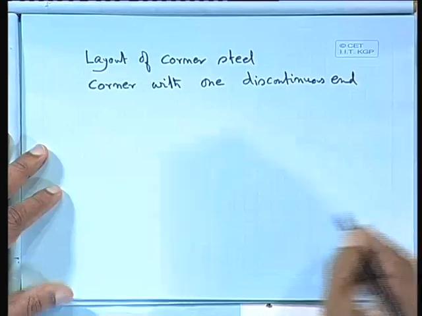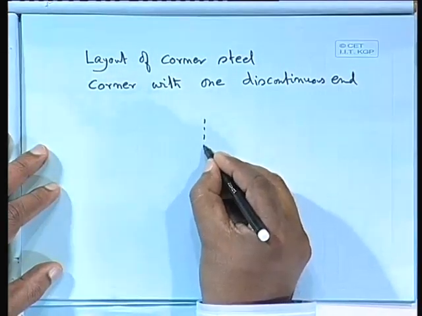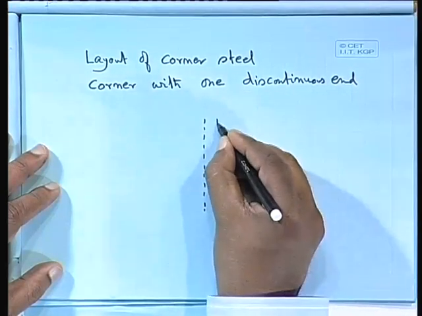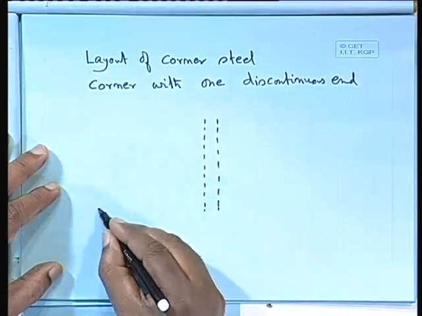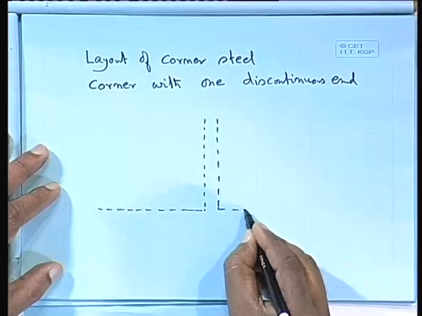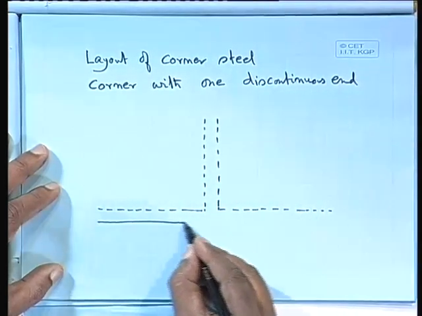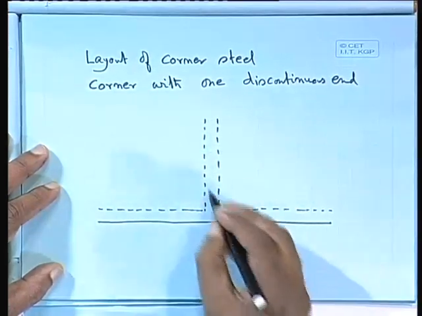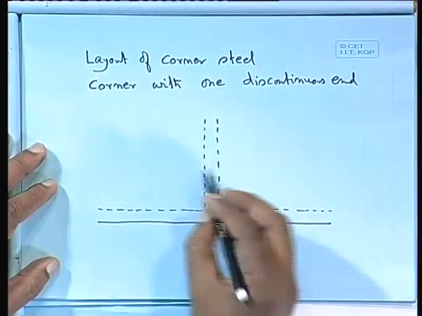So in that case, what do we do? This is your middle support. This is one beam, maybe this is also another beam. So here only one side is discontinuous. In that case, what shall we do?